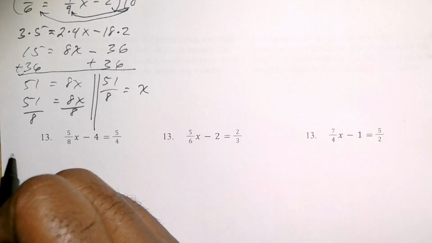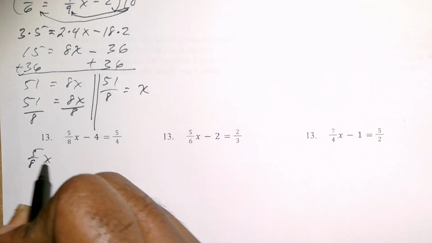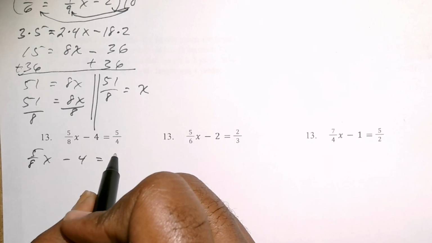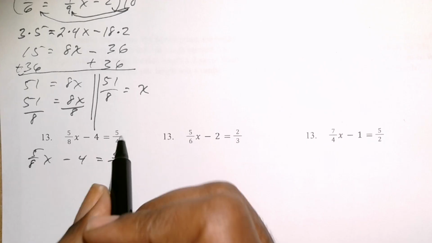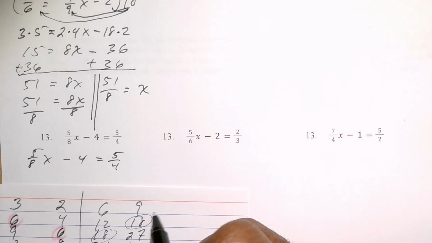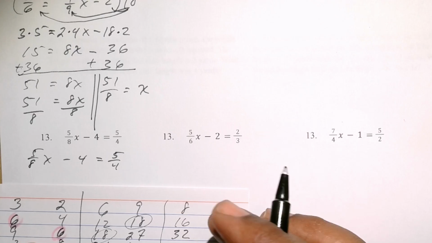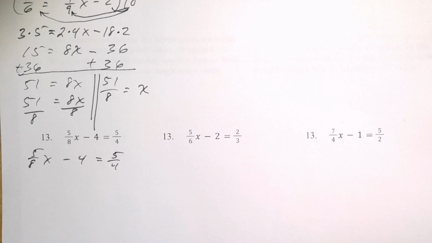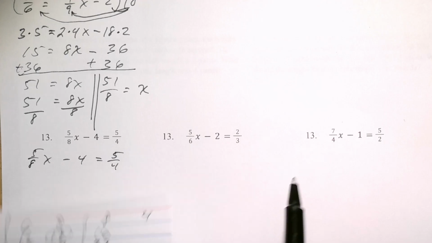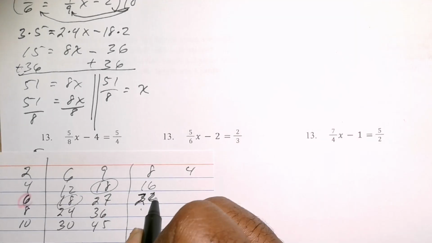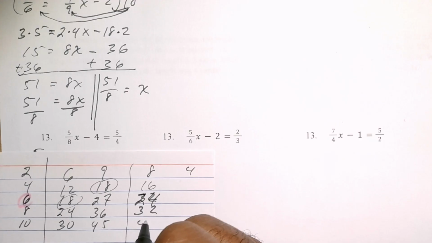Okay, next. We have 5/8 x minus 4 equals 5 over 4. Now, let's go through the 8 timetables and the 4 timetables. We have 8, 16, 24, sorry, I skipped, 24, then there's 32, and then there's 40.